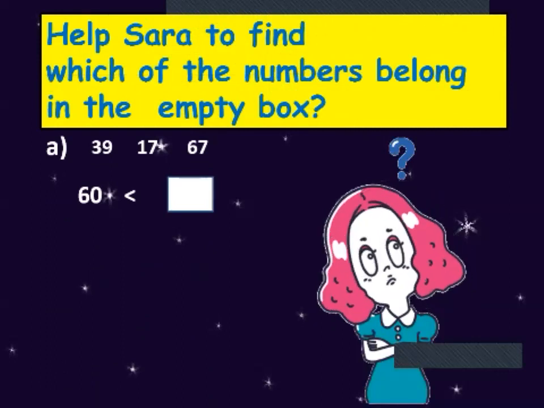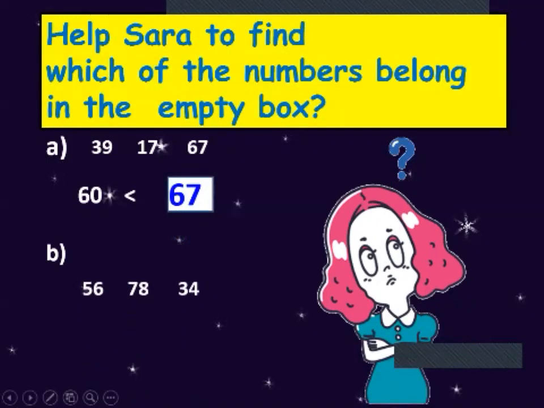So I have already told you the crocodile will open its mouth always to the big number. So which is the big number here? Is it 39, 17 or 67? Yes, it's 67. Very good.